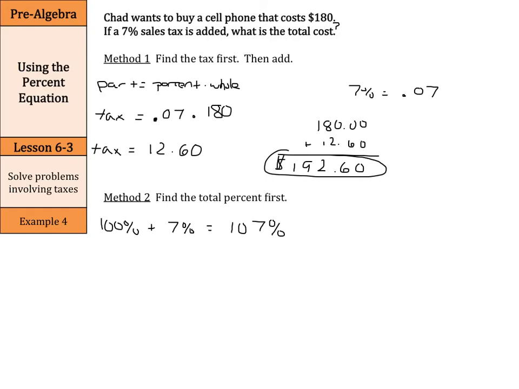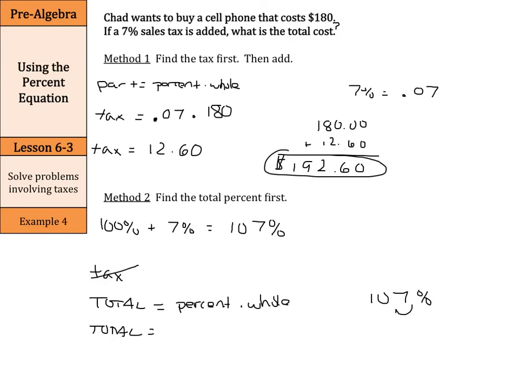Once again, we can use our percent equation, but it's not necessarily going to be the tax this time, it's going to be our total. Our total is going to equal our percent times the whole. And so our total is going to equal 107% as a decimal, which is 1 7/100.